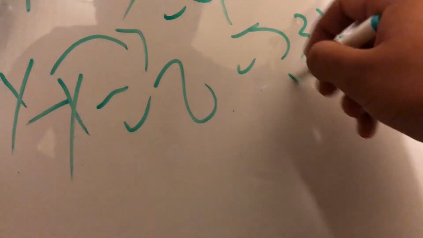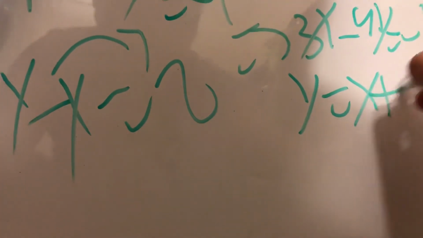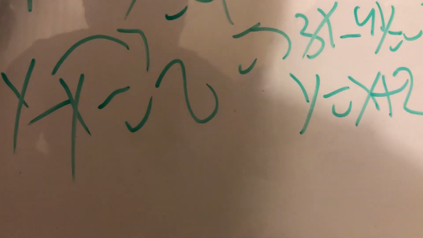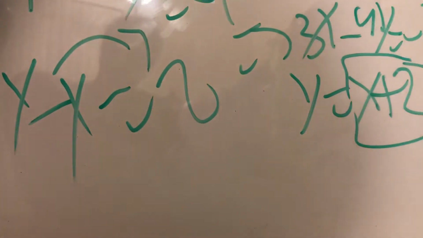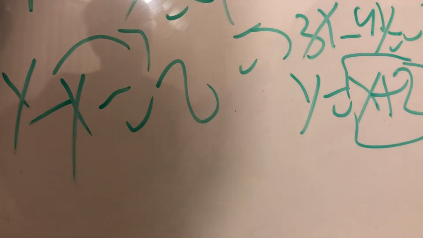So this one is going to be 3x minus 4y equals negative 10, y equals x plus 2. We can use any method, but here we're going to use the substitution method.